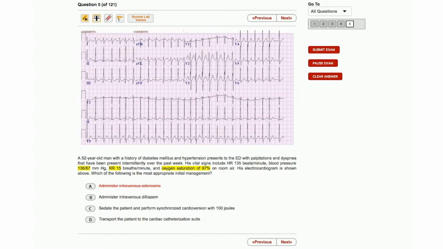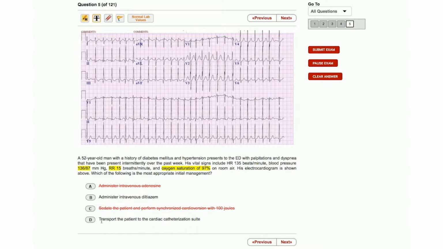You see a normal blood pressure, a respiratory rate that's okay at 15, oxygen sat of 97%. So while synchronized cardioversion is an option, it doesn't necessarily, in this case, need to be the initial management at this time. So I am going to X that out.